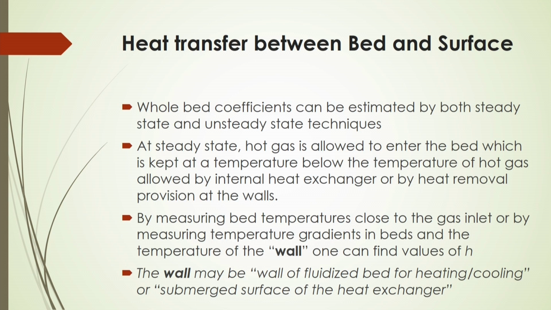This wall may be defined as the wall of the fluidized bed for heating or cooling, or you can ask whether there are any submerged surfaces in the fluidized bed acting as a heat exchanger device. In that case, the wall is to be considered as the submerged surface of the heat exchanger also.